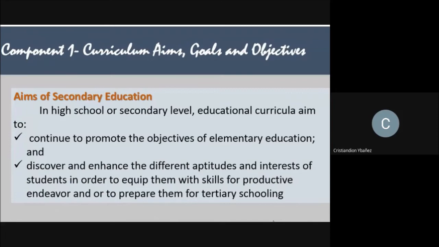Okay, so in high school or secondary level, educational curricula aim to first, continue to promote the objectives of the elementary education and discover and enhance the different aptitudes and interests of students in order to equip them with skills for productive endeavor and or to prepare them for tertiary schooling.